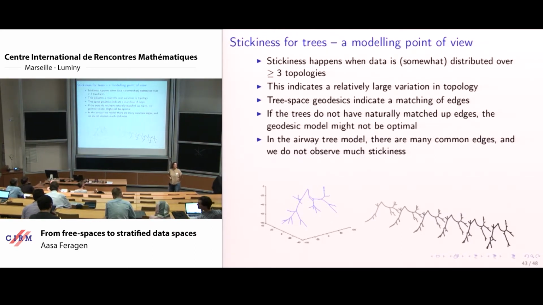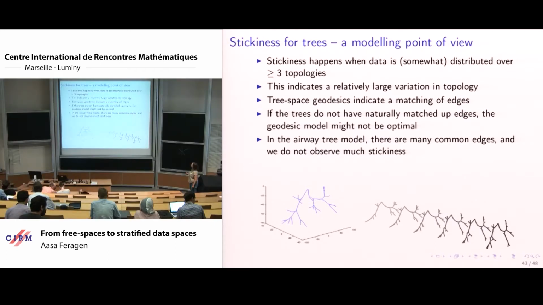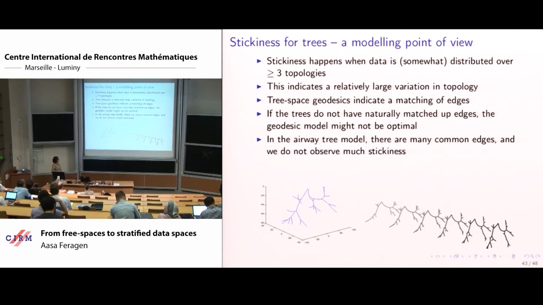So this is a model that makes sense if there is a natural matching between the trees, or the branches in one tree to branches in the other. If you don't have natural matchings of branches, then you are going to see more topological variability, and in this case, this might not be an optimal model. So, in my experience, stickiness was not a problem for doing statistics. It doesn't mean it never is, but if it is, you should also go back and look at your data and think about this: does the model make sense?